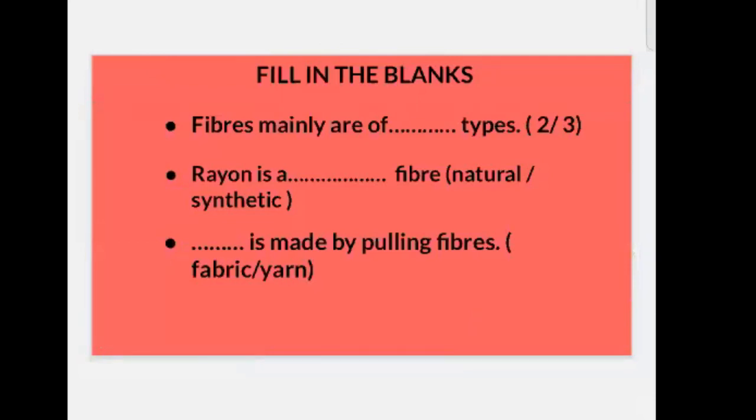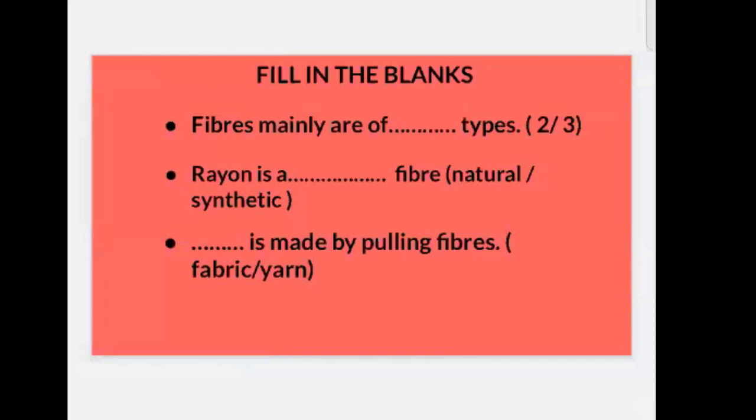Your answer is correct. Fibers mainly are of two types, and that are natural fibers and synthetic fibers. Natural fibers we get from plants and from animals. And synthetic fibers we get from raw chemical material, chemical compounds and chemical processes.